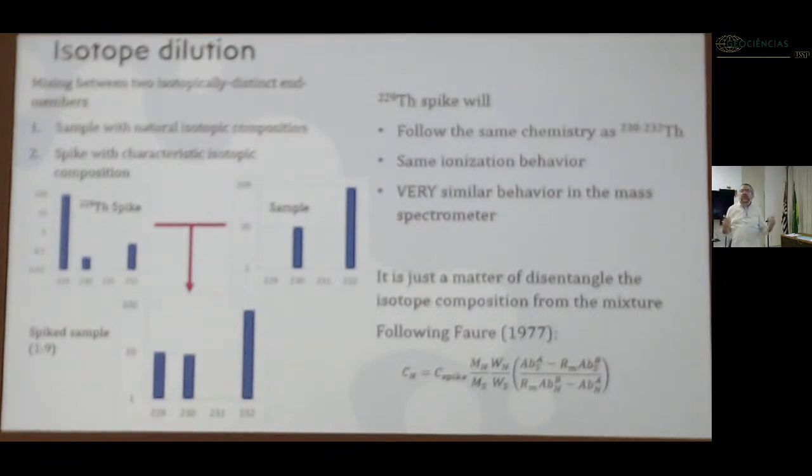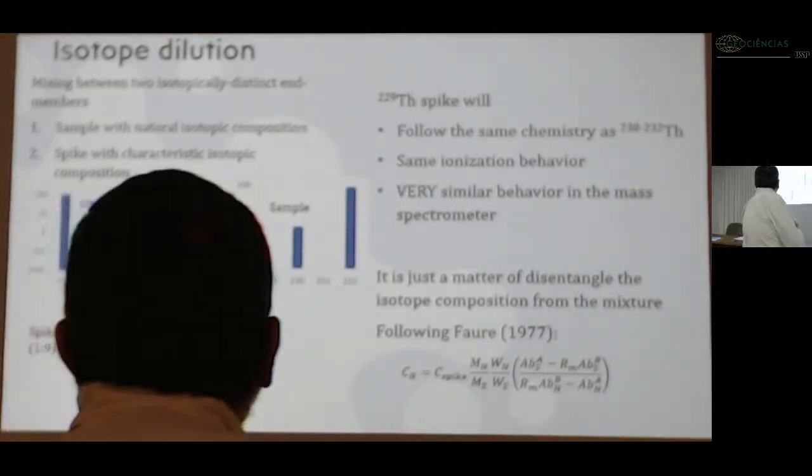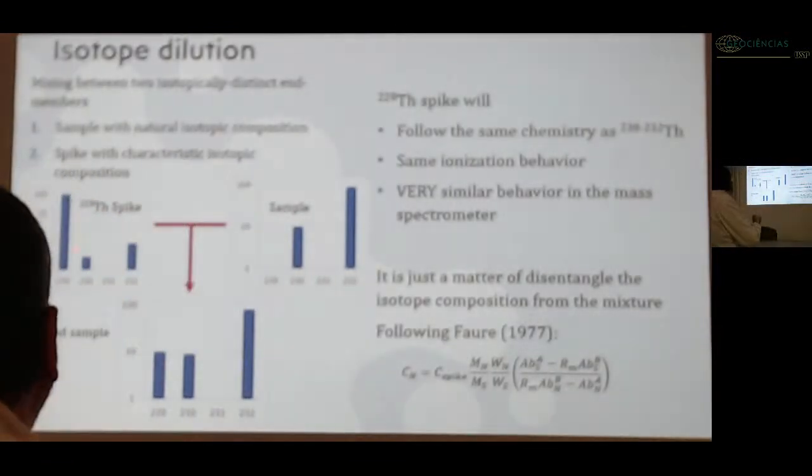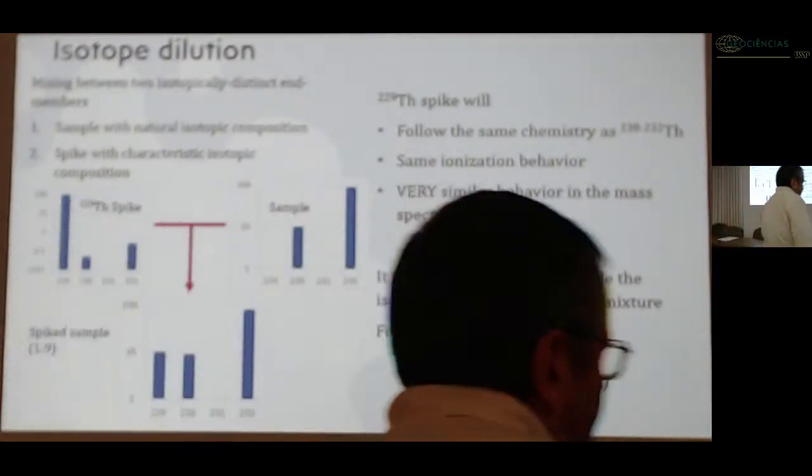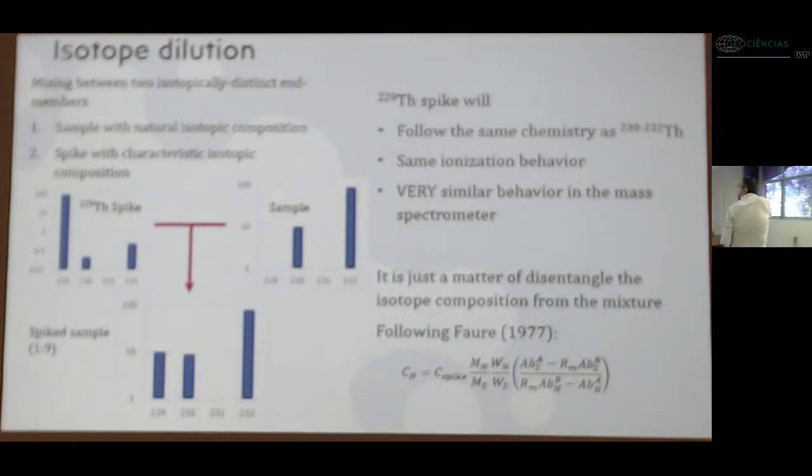It's a similar thing here. We're mixing a very pure thorium spike, a 229 spike, with our sample, and we're getting a spike-sample mixture.